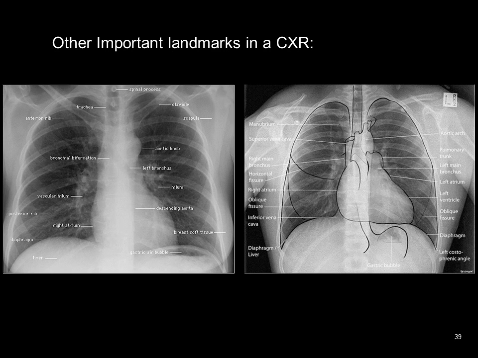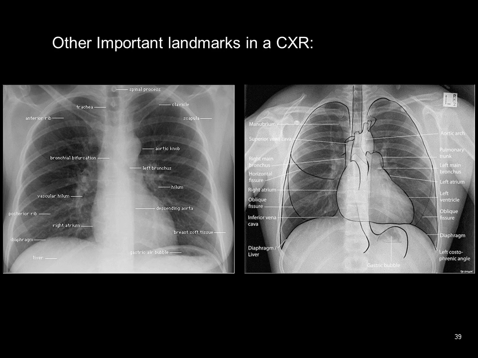So we can see the area of the manubrium, superior vena cava, the bronchus, horizontal fissure, where that would be on the right, as well as the oblique fissure, costodiaphragmatic recess, inferior vena cava, the oblique fissure on the left, separating the superior lobe or upper lobe of the lung from the inferior lobe.